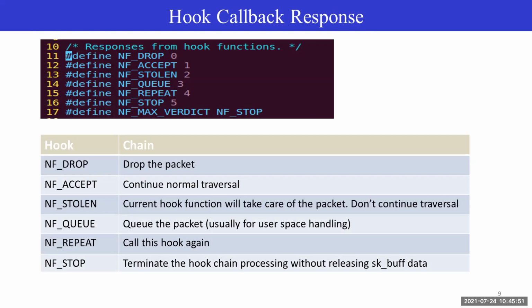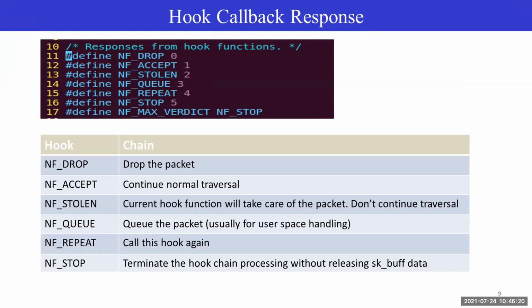In that case, you must return from your callback routine as NF_DROP. That means the function in the kernel will release all the resources associated with that particular packet, and that SKB will not be forwarded for further processing. The packet will be dropped.